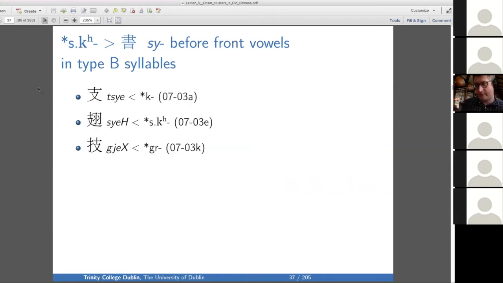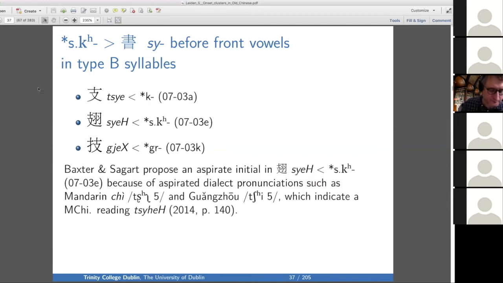Okay, so now with aspirated K, they propose the aspiration because of aspirate pronunciations, including in Mandarin and in Guangzhou, which point to a Middle Chinese reading with an aspirate palatal. But the actual Middle Chinese reading is with an S, right?